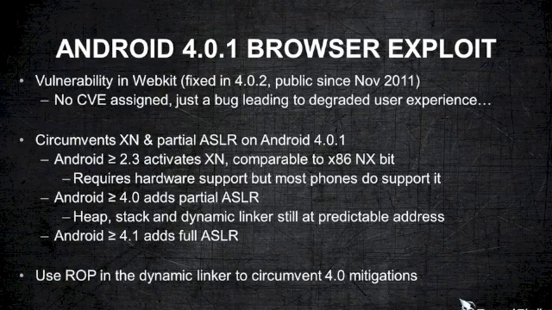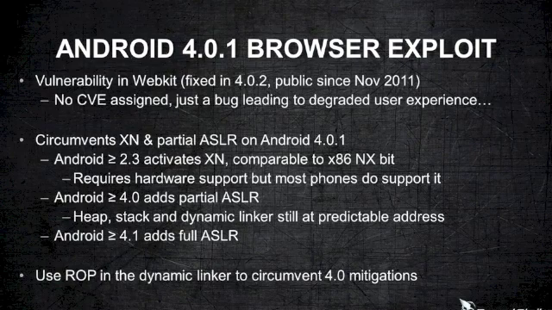The vulnerability has been fixed in WebKit 4.0.2, although it has already been public since November 2011. So this is not a zero-day, but still good enough to exploit pretty recent Android phones. Since the WebKit developers did not consider this a security critical issue, but just a bug leading to degraded user experience, as in the browser crashes, no CVE was ever assigned.